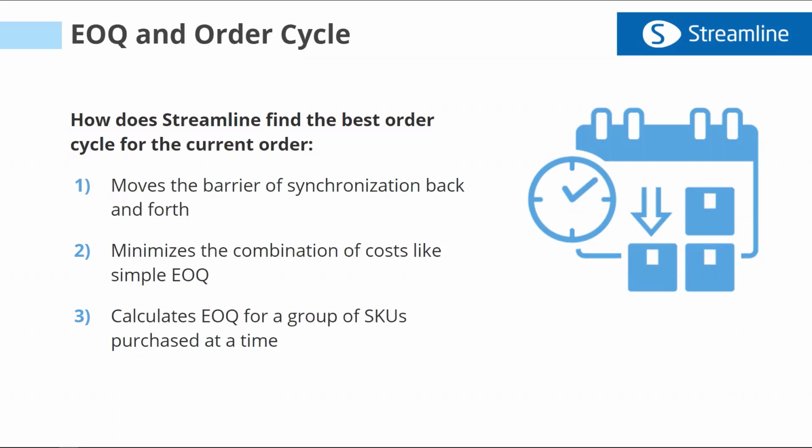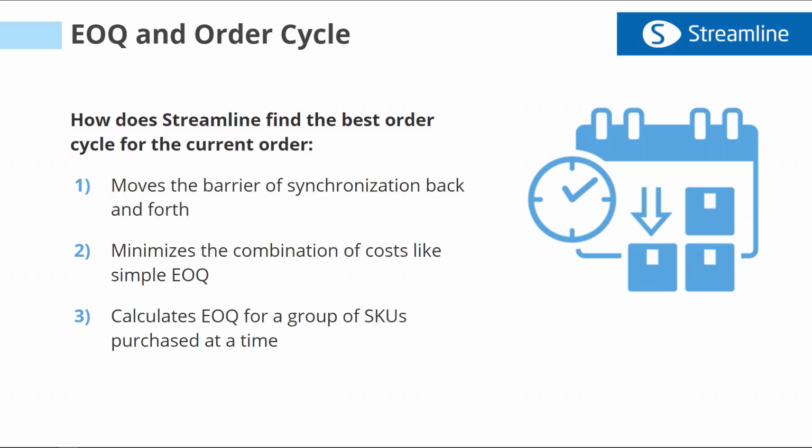For periodic replenishment strategy, you simply set order cycle, let's say to 30 days, and you'll have your reorder signals every 30 days synchronized. But that is not optimal from economic standpoint. So we move that synchronization barrier back and forth and find the lowest total cost, and that allows us to find the economic order quantity for a group of items.